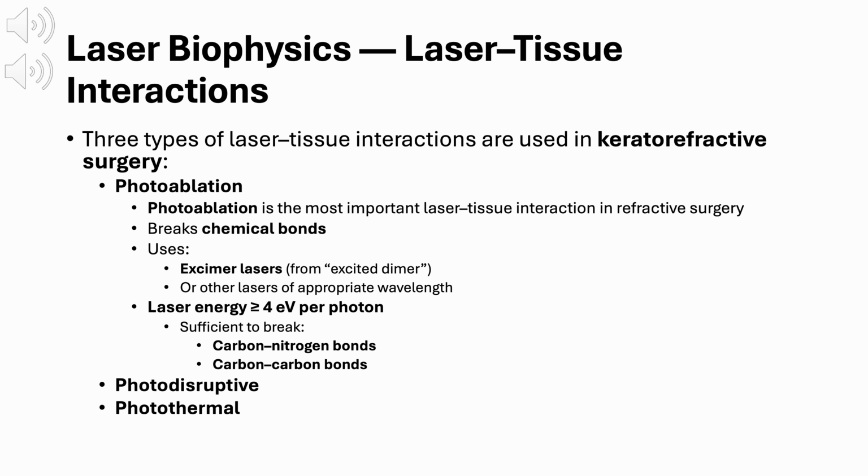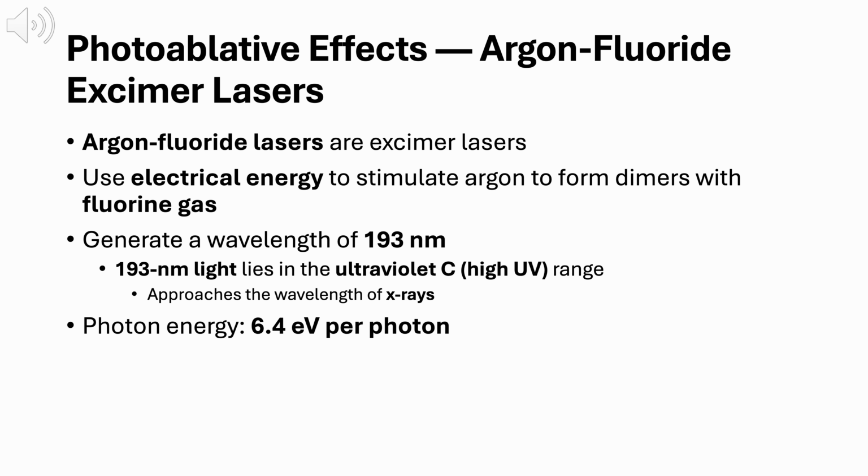This distinction is critical because it explains why excimer laser ablation can reshape the cornea with micrometer accuracy while preserving surrounding tissue integrity. Now let's focus specifically on photoablative effects using argon fluoride excimer lasers. Argon fluoride lasers are a type of excimer laser, meaning the laser energy is generated from an excited dimer rather than a stable molecule.